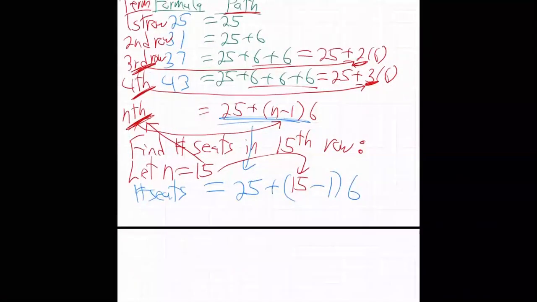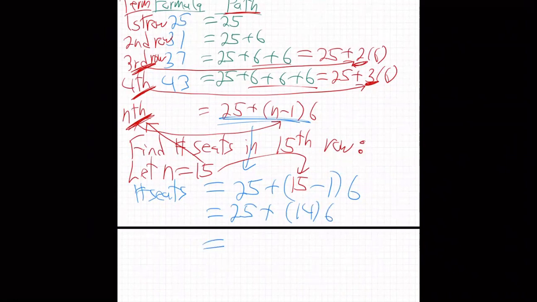So plug in a 15. The number of seats is going to be 25 plus 14 times 6. Hit the buttons on your calculator. I'm getting 109 seats in the 15th row. 109 seats in the 15th row.